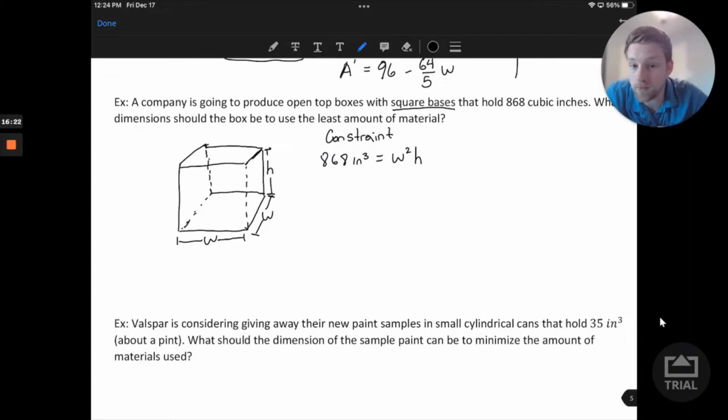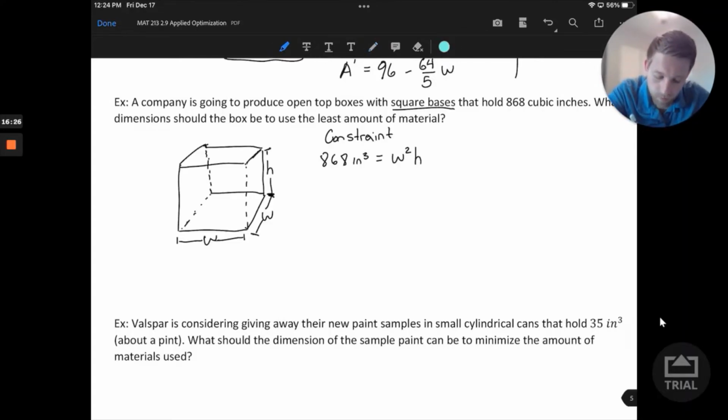The quantity that we want to actually optimize, or minimize in this case, is the materials. We want to have the least amount of materials. So what does that mean for a box here? Let's just imagine this is a cardboard box. Well, the least amount of materials would really be the surfaces on our box.